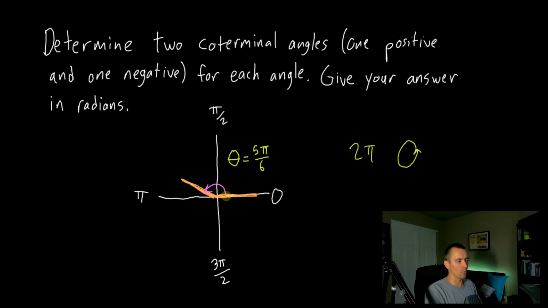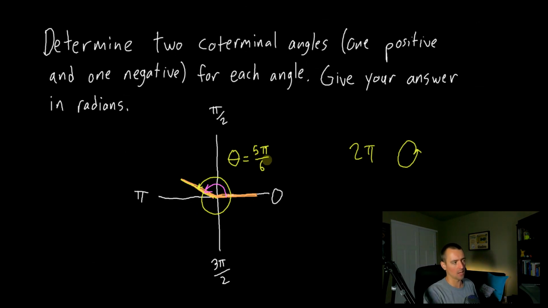So if we were to start at this angle right here and take one full rotation back to the same place we started, that gives us another position in our rotation, which gives us a coterminal angle. Essentially, if you want to find any coterminal angle, all you have to do is add 2 pi.